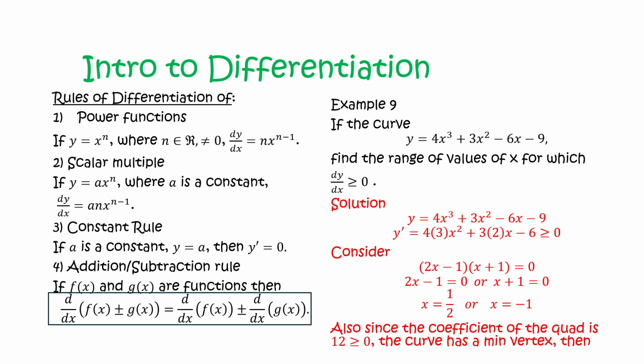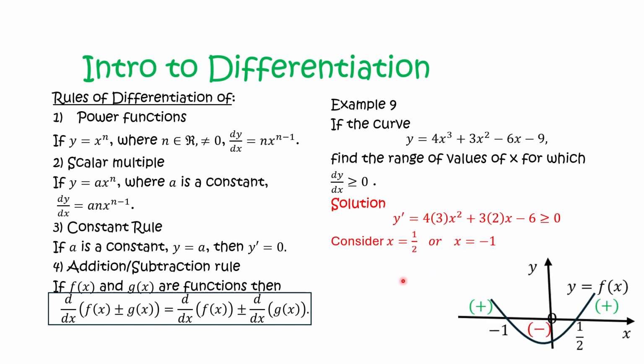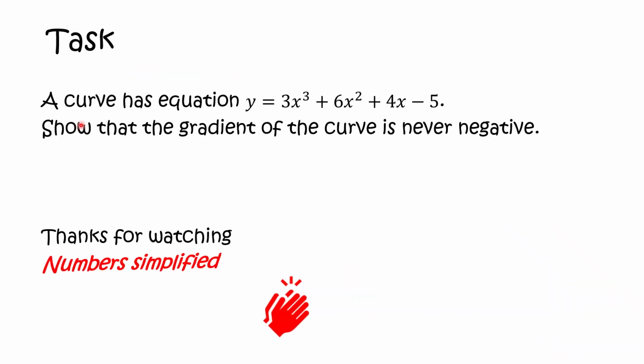And I encourage you to check out the videos we covered on quadratics. We are going to have a sketch of that nature, and we are interested in values that are positive on the graph in terms of the y, implying that our solution is x is less than or equal to minus 1, or x is greater or equal to a half.